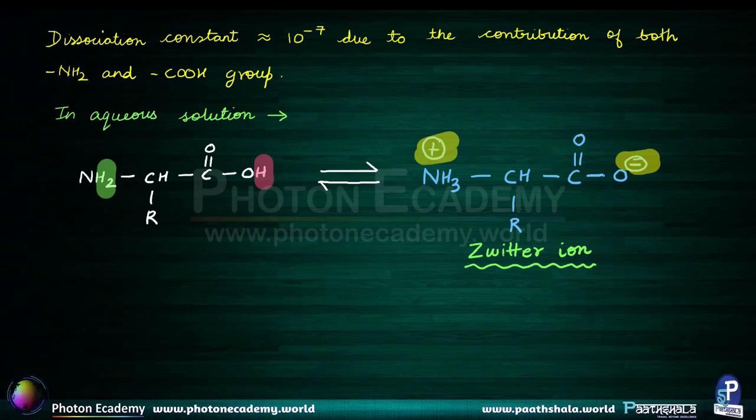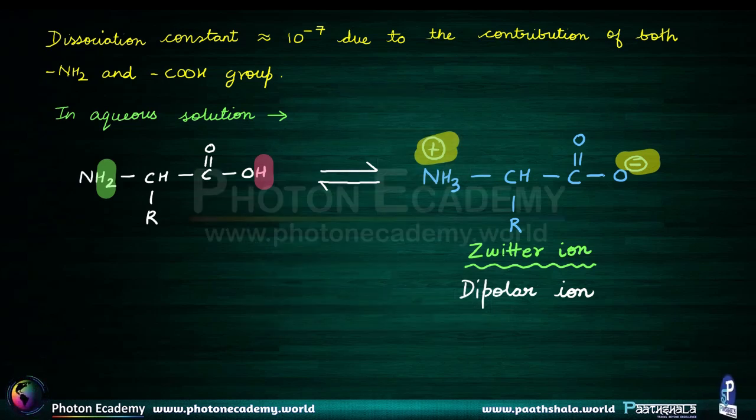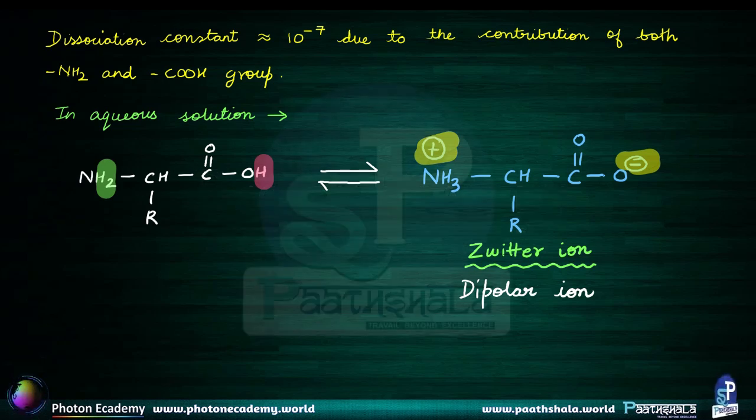Here, this is a neutral species because it contains both the positive and the negative charges, but it itself is neutral. The NH3 positive is behaving as an acid because it has a surplus of H plus, and the C double bond O negative is behaving as a base because it is rich in electrons now.